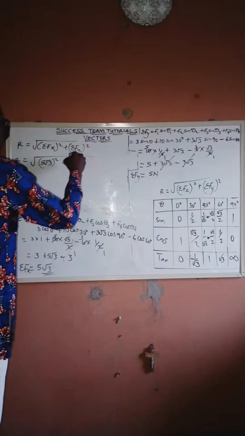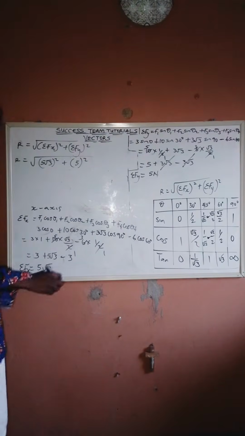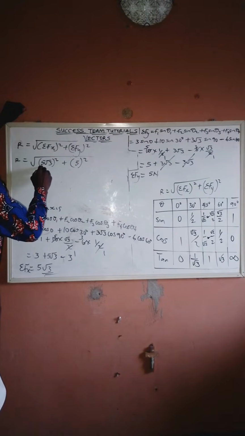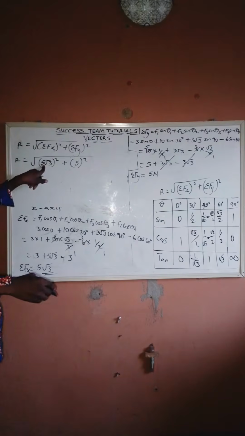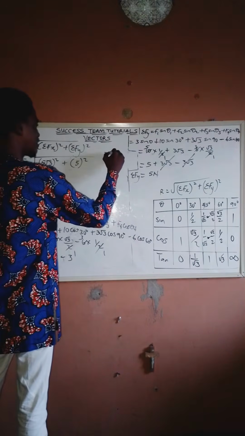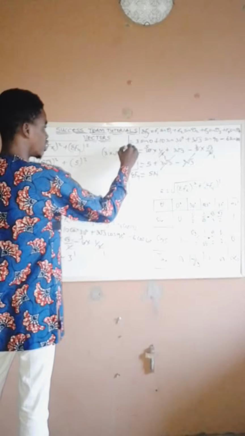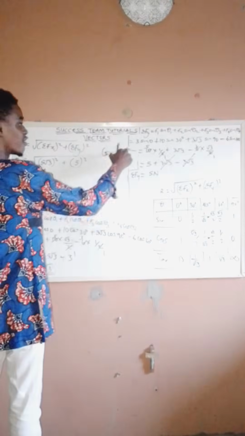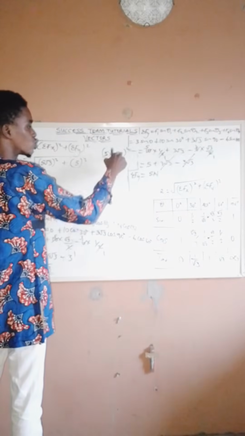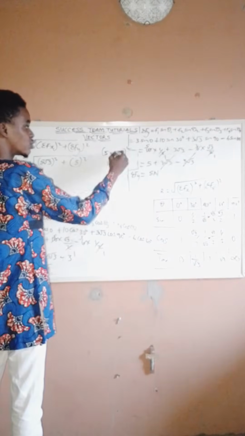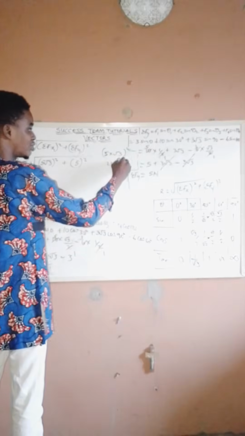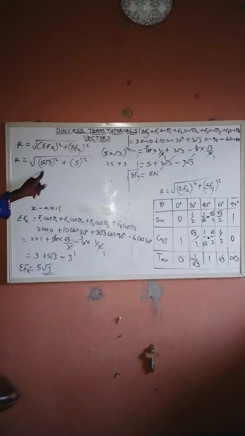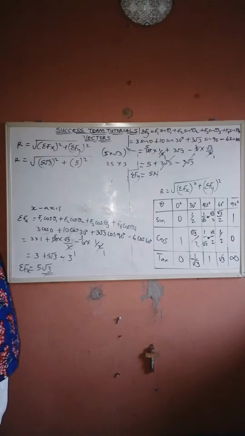ΣFy is 5 squared. So 5 squared is 25. Square of root 3, the square will cancel the root, that was times 3. So 25 times 3 is what I will get.